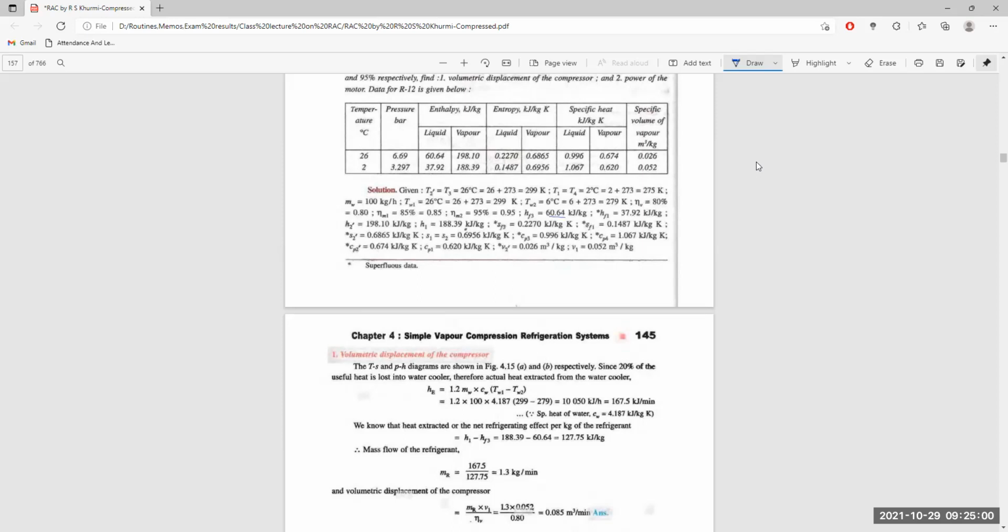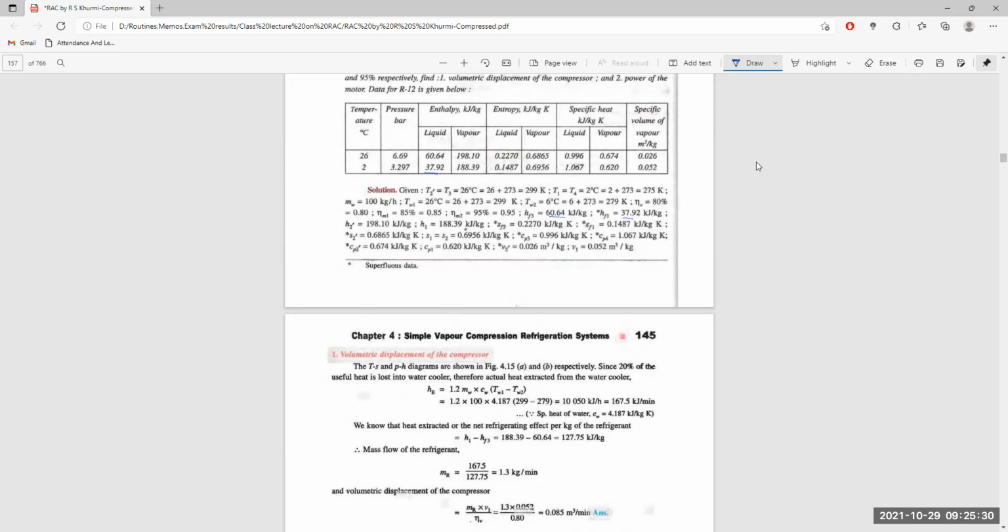Next, hf1, which is the enthalpy of the fluid at stage 1, the liquid enthalpy at the lower temperature, that is 2 degrees centigrade. Enthalpy of the fluid will be 37.95 kilojoule per kg.